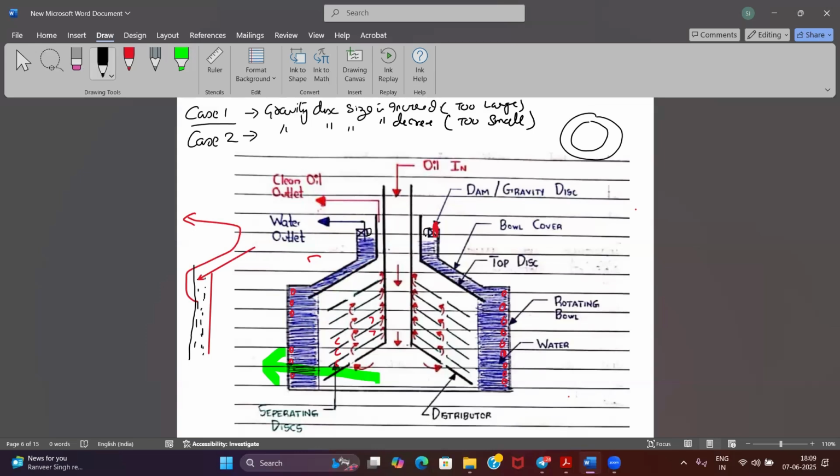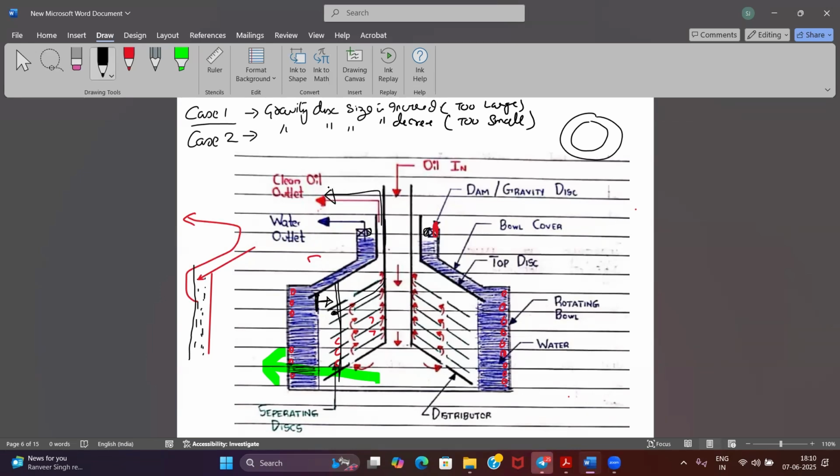So what will happen to my interface now? Where will it be pushed? It will push inwards. It will come obviously till here. And if it comes inward, there are chances that the water may go with your clean oil. Water content will increase.